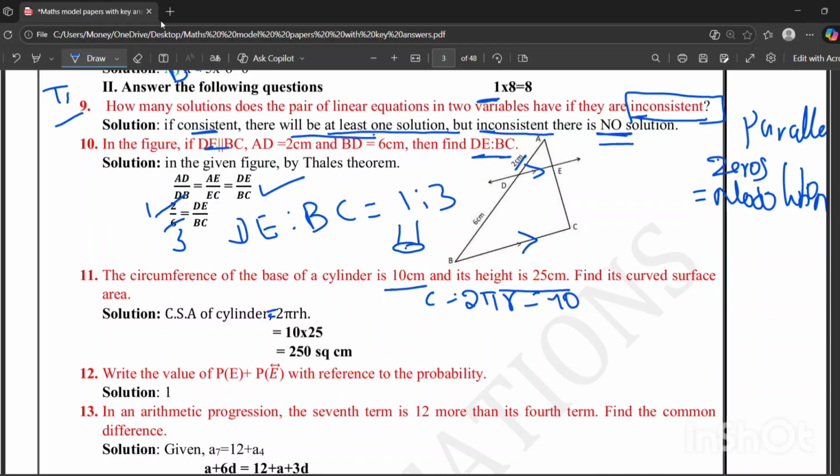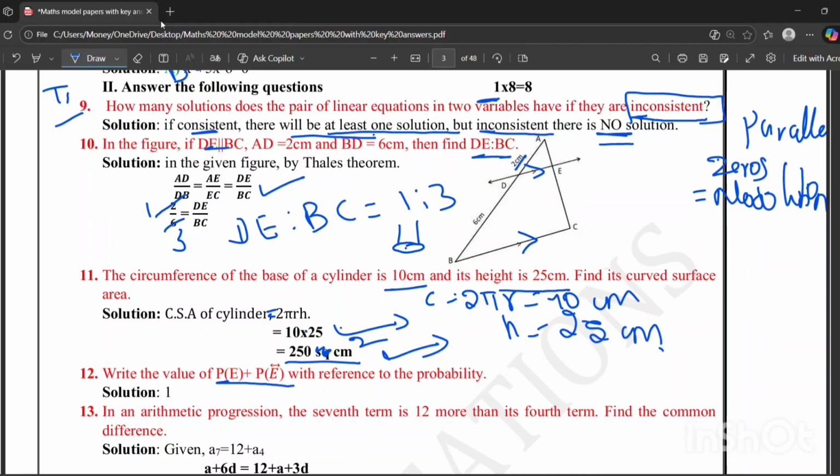Circumference equals 2 pi r, that equals 10 centimeter. The height h is 25 centimeter. Substitute in this formula, 10 into 25, it is 250 centimeter square. So this is our final answer.